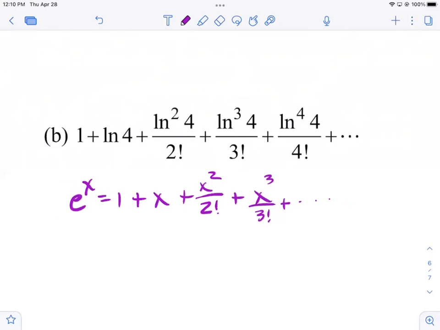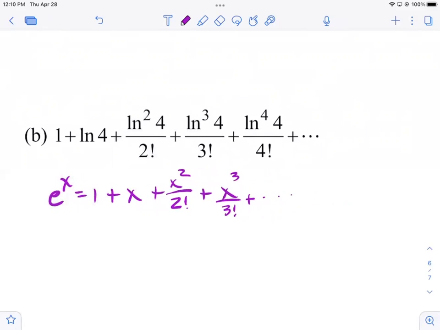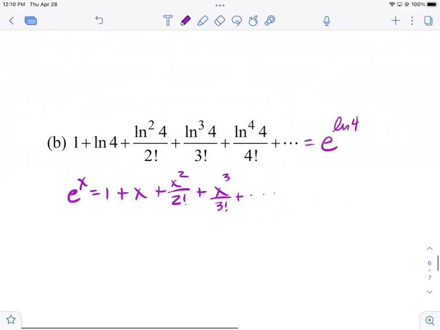So this looks like it has, in place of x, a what? A natural log of 4. So this is just e to the natural log of 4. And what is e to the natural log of 4? 4. There you go. That's what the sum of that series is. It's 4. Okay. That's e to the x evaluated at natural log of 4.